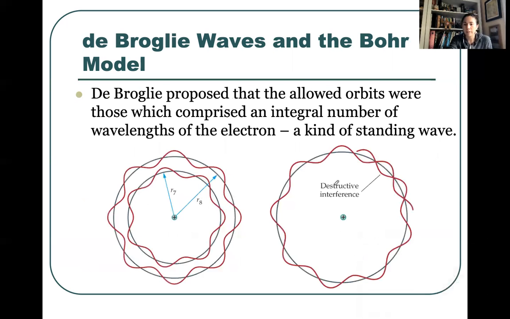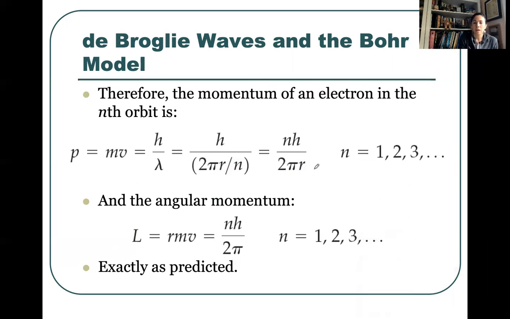wavelengths, meaning that, all right, if I look at the circumference of my orbit, for a given orbit, we know that we are going to have a radius, and you can label it with the number n that you want. So I'm going to do a terrible job. If we have our electron over here, and our radius r, the circumference is going to be 2 pi r.